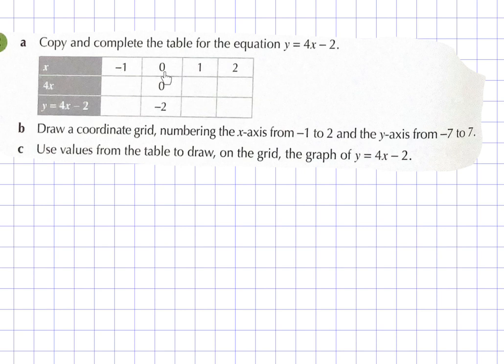If you multiply x by 4, negative 1 times 4 equals negative 4. Then 1 times 4, 2 times 4. After we multiply x by 4, subtract 2. So negative 4 minus 2 equals negative 6. Now 4 minus 2, 8 minus 2.